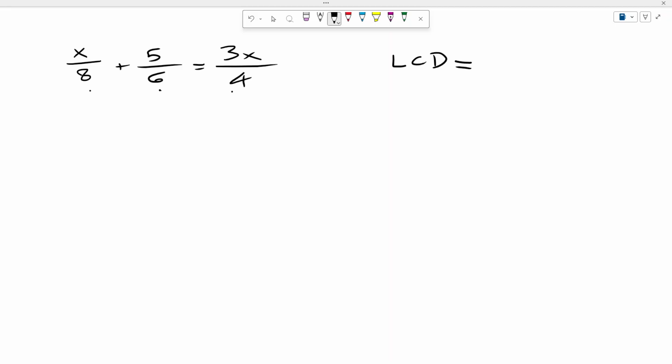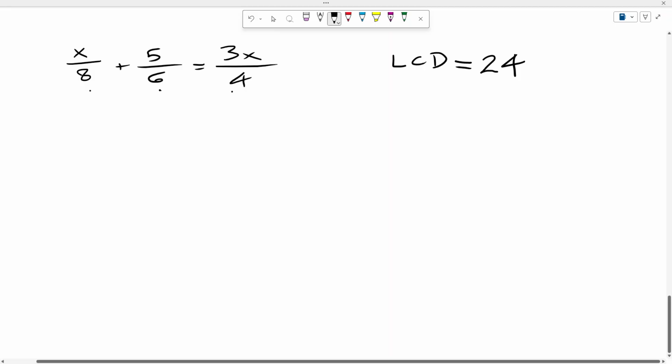We know 16 would work for 8 and 4, but doesn't work for 6. 20 only works for 4. What if we try 24? That's 8 times 3, and 6 times 4, so 6 and 4 are factors. So it looks like in this case 24 is going to be our LCD.